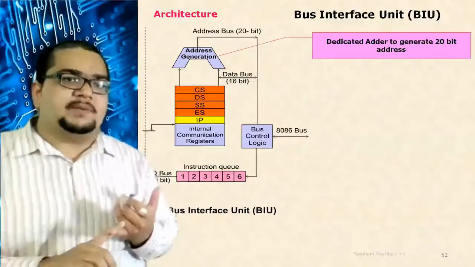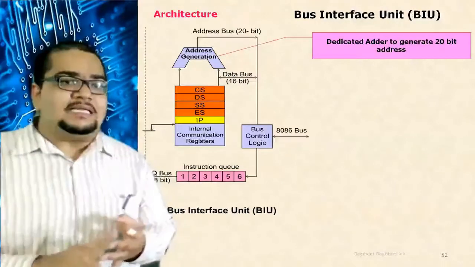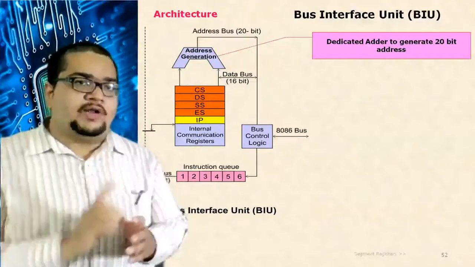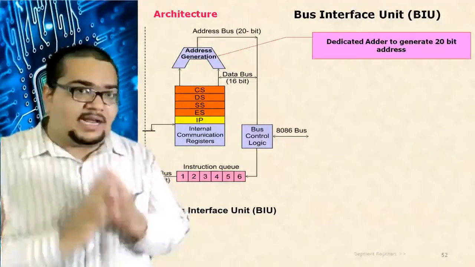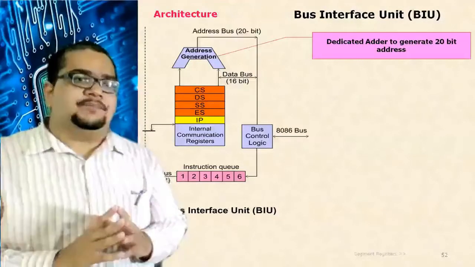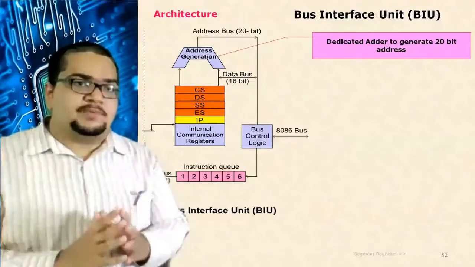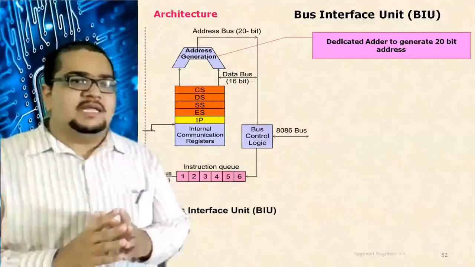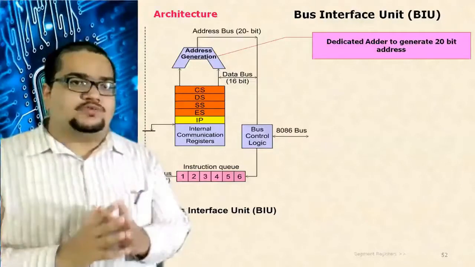It can be the CS register, DS register, ES register, or SS register. Any one of these 4 contains a segment address, depending upon whether you are accessing code or data. When you are accessing code, meaning program instructions, CS will hold the segment address and IP will hold the offset address.